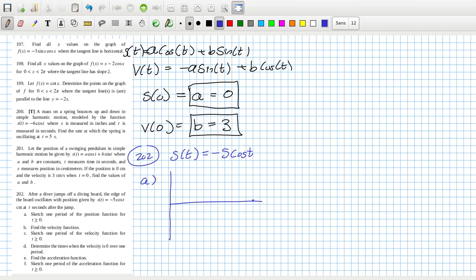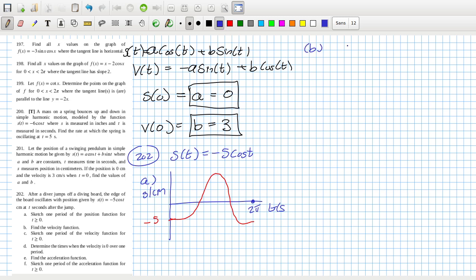So one period would be up to 2 pi seconds. This is the s in centimeters, and this is the time in seconds, and this is 2 pi. And we start off at minus 5, and it goes up and down like that.